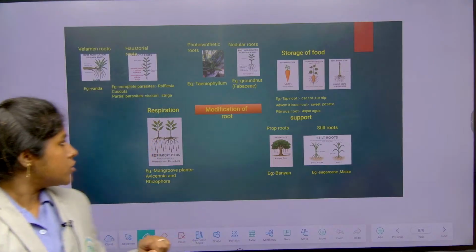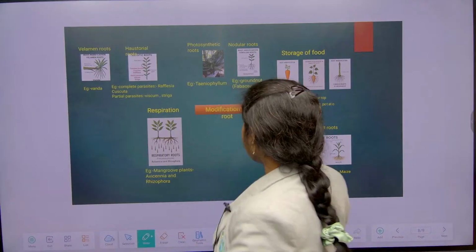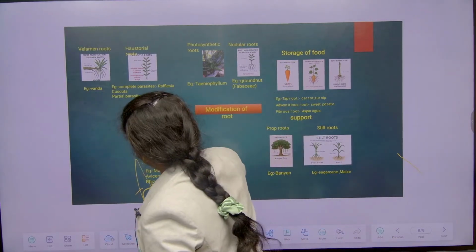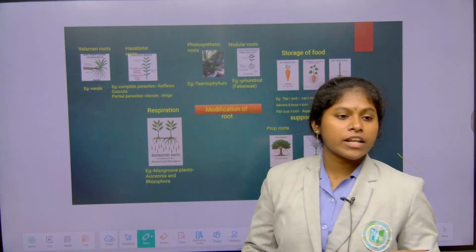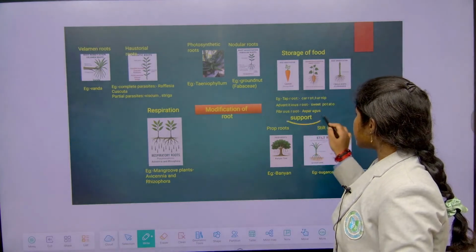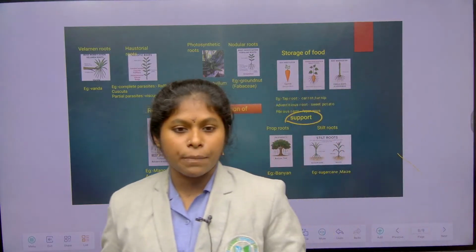Okay, so this is about the regions of the root. Now, if the root is modified to perform functions other than the normal function, some specialized functions, what are those functions? See, for support, which means if the plant needs support.